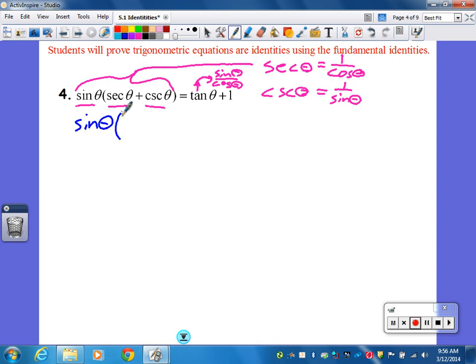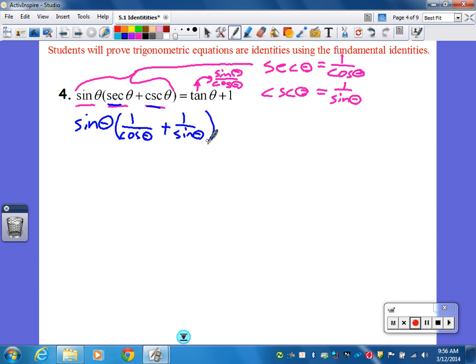And now I want to change my secant and my cosecant into sine and cosine. So we have 1 over cosine theta plus 1 over, or divided by sine theta. Okay. So now we have sine times the quantity 1 over cosine theta plus 1 over sine theta.